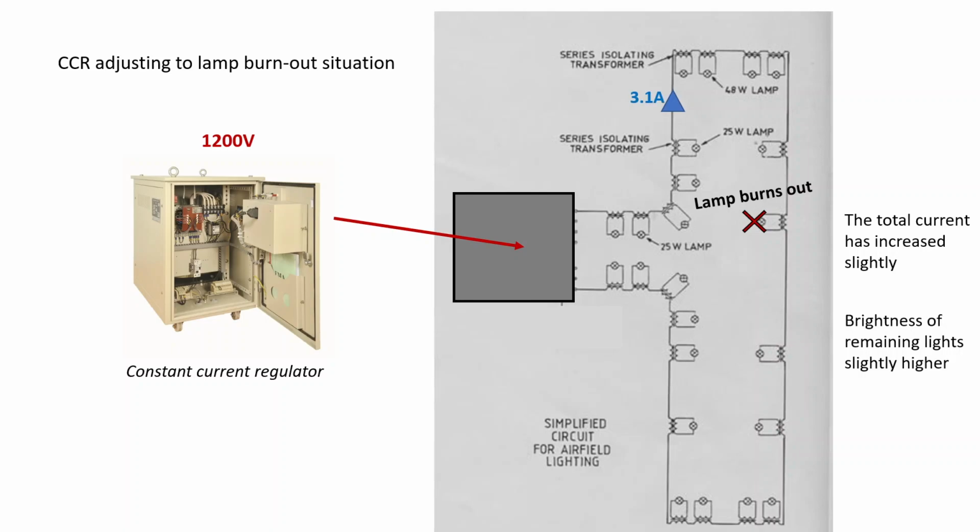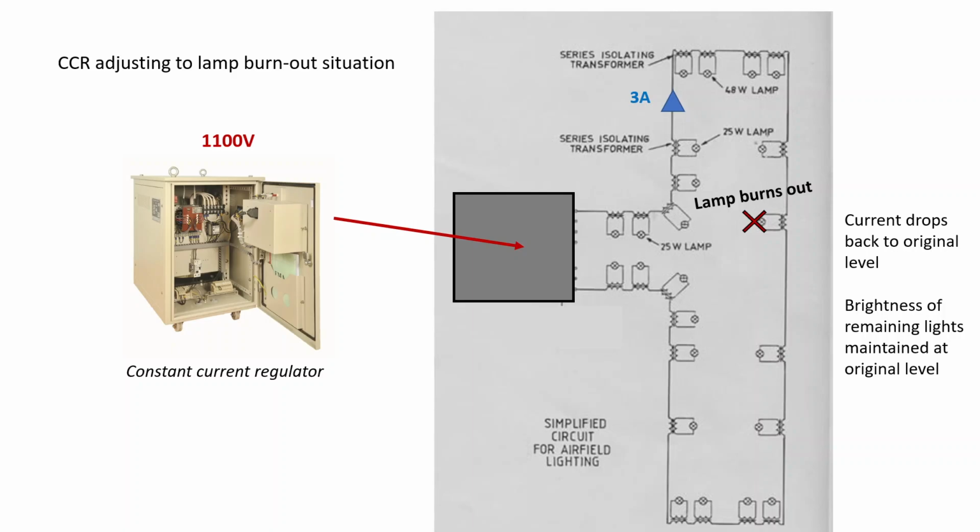And so what we would see is that the remaining lights would be slightly brighter due to the increasing current. So the CCR will then drop the voltage, dropping it down to 1100. It'll bring it back down to the 3 amps, and that current drops us back down to the original level. Brightness of the remaining lights is maintained at the original level.